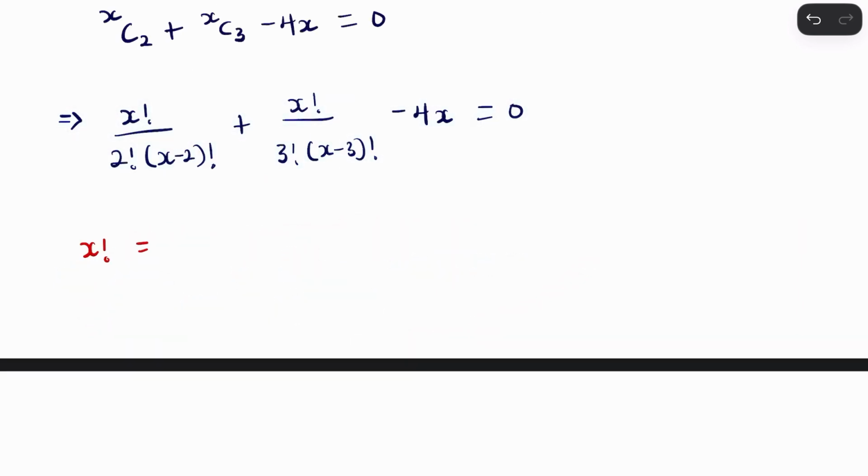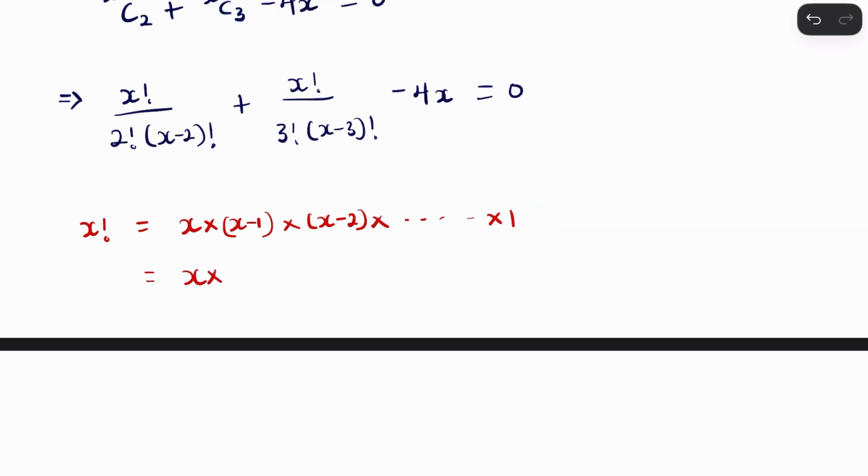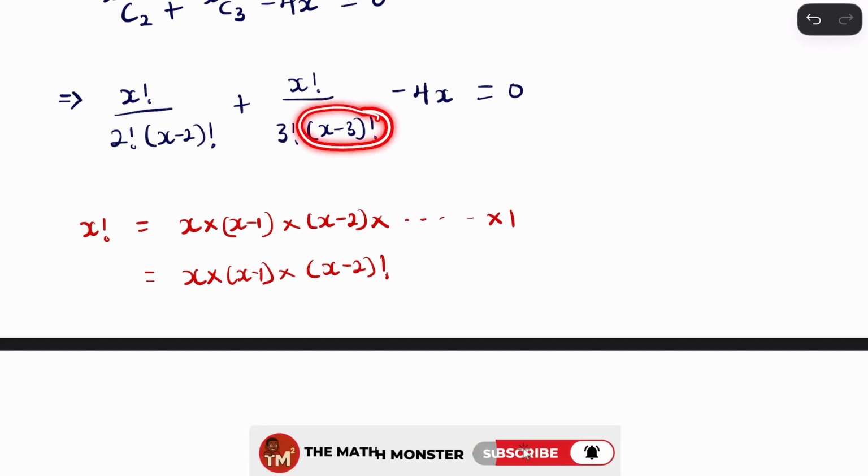x factorial is giving us x times x minus 1 times x minus 2 times up till we get to 1, right? When we take a look at this expression, it is just the same as x minus 2 factorial. And so we can rewrite this as x times x minus 1 times x minus 2 factorial, right?